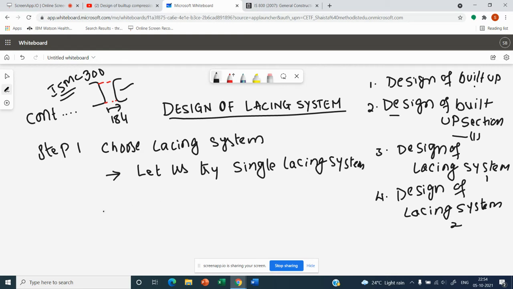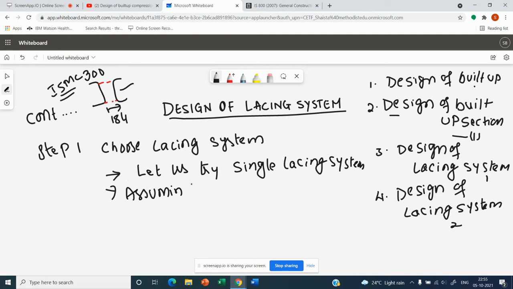Then we also have to assume the inclination. As I suggested in my earlier video, you have to take an angle between 40 and 45 degrees so that you have maximum efficiency in the connection.